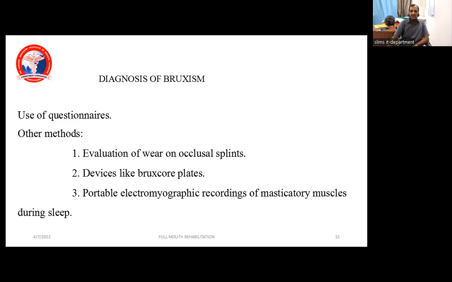If there is a hyperactivity, hypertonus of the masseter, the lateral pterygoid or the temporalis, these three form the major muscles of mastication. And with the electromyography recordings, the hyperactivity of the muscles can be very readily ascertained and confirmed, so that the diagnosis will be simple.